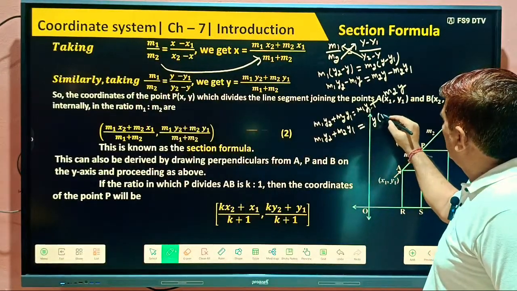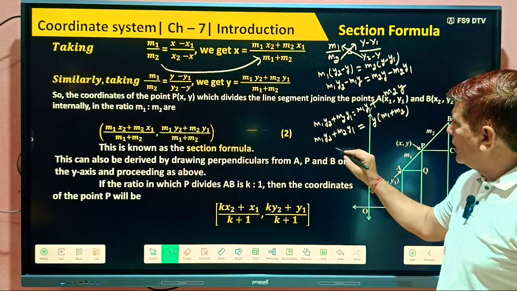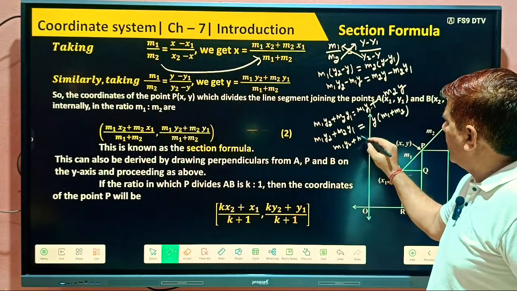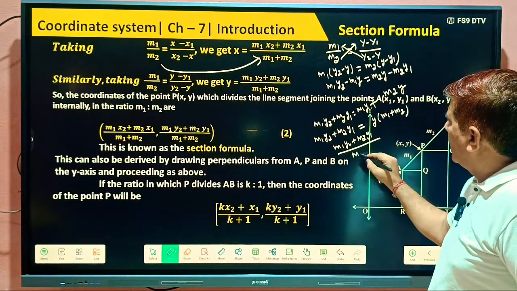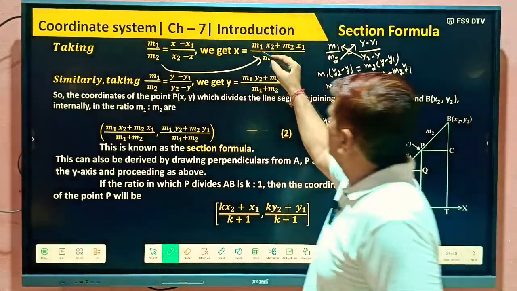Y is common, M1 plus M2. Bring it to that side, M1 Y2 plus M2 Y1 by M1 plus M2 equals Y.